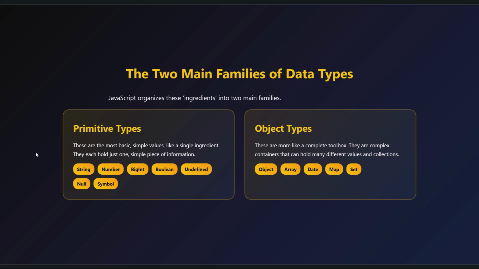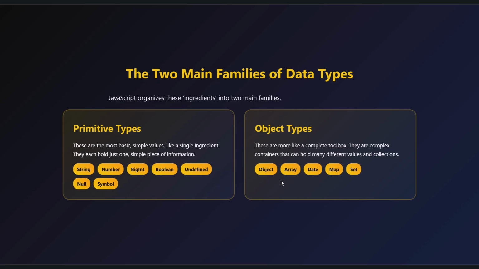These are the most basic, simple values like a single ingredient. The primitive types are a string, number, BigInt, Boolean, undefined, null, and symbol. They each hold just one simple piece of information.